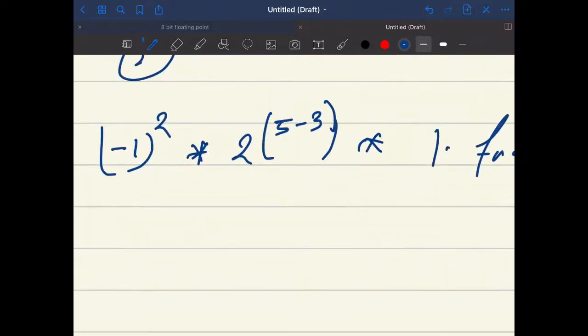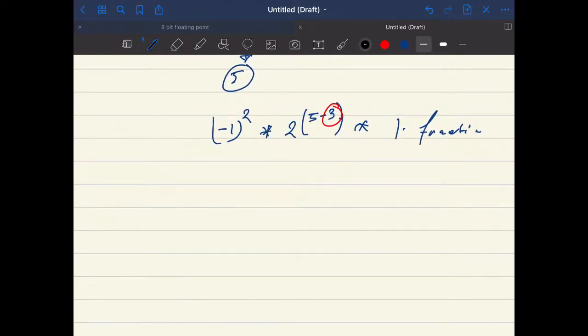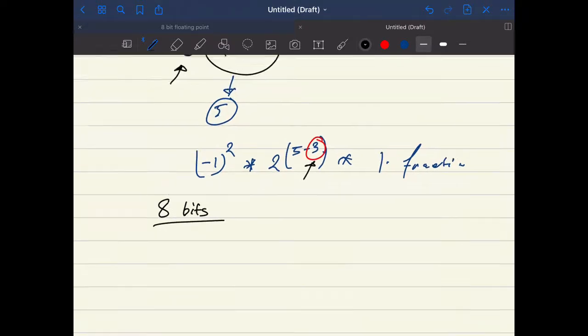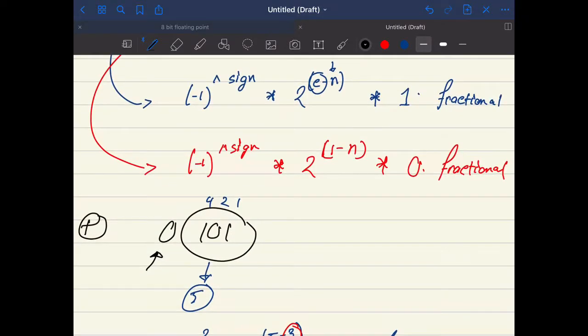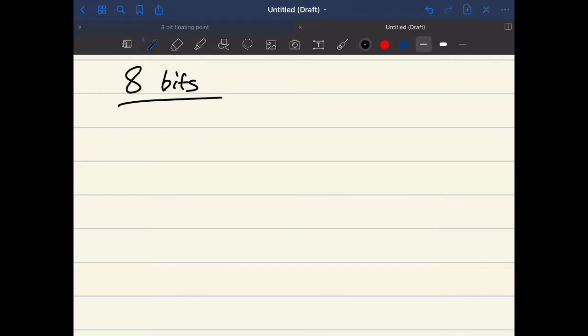So what's the point of this 3, and why are we writing 3? For 8-bit numbers, we said that there is an n value. The trick to find it is to see how many bits there are in the exponent.